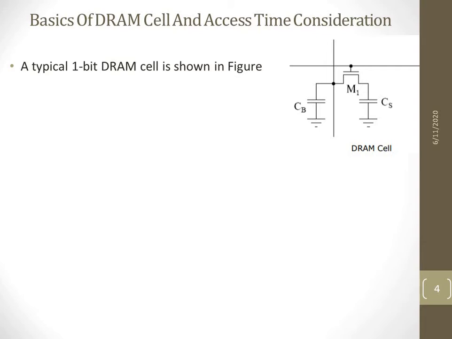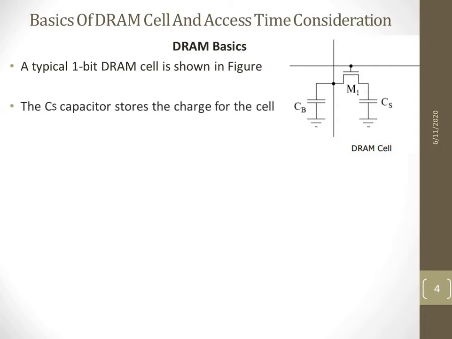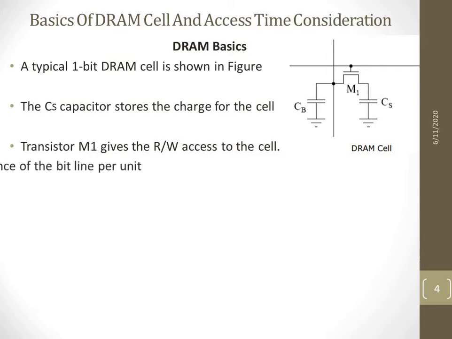A 1 bit DRAM cell you can see in the figure. The capacitor CS stores the charge for the cell. Transistor M1, which is indicated here, gives the read-write access to the cell. CB is the capacitance of the bit line per unit.